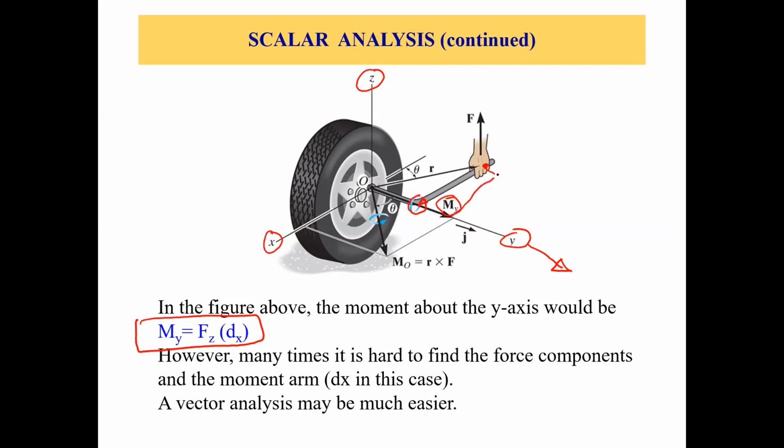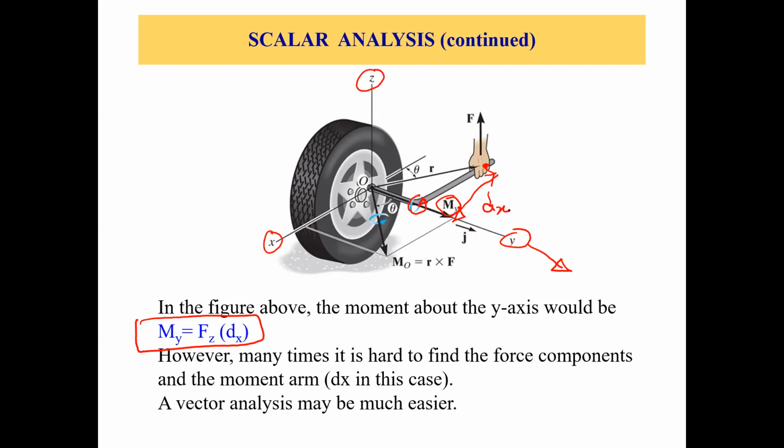This is the distance between the y-axis and the point of application of the force. This is the moment arm, but it is along the x-axis, so this is d sub x. And Fz is creating a moment around the y-axis.